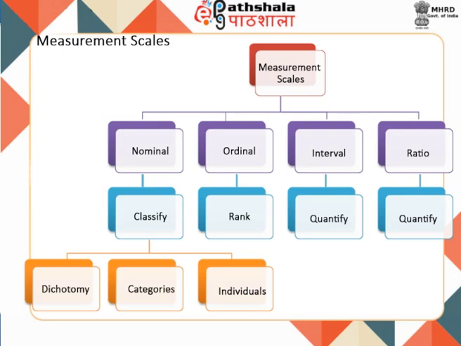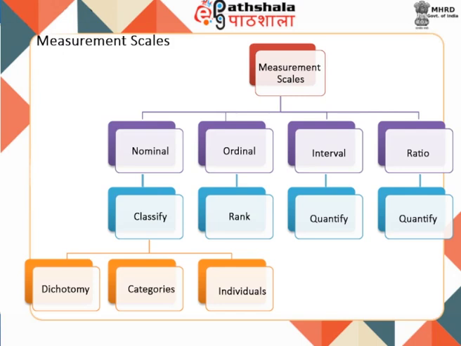The next level of measurement is the ordinal scale. In this type of measurement, a set of objects or people is ordered from most to least with respect to an attribute, but there is no indication of how far apart the objects are with respect to the attribute.